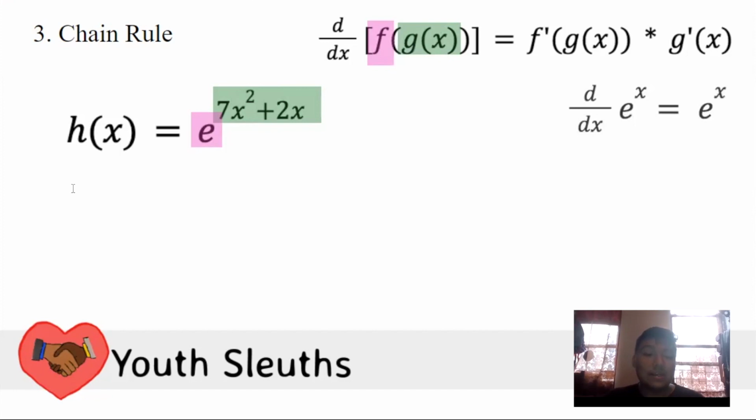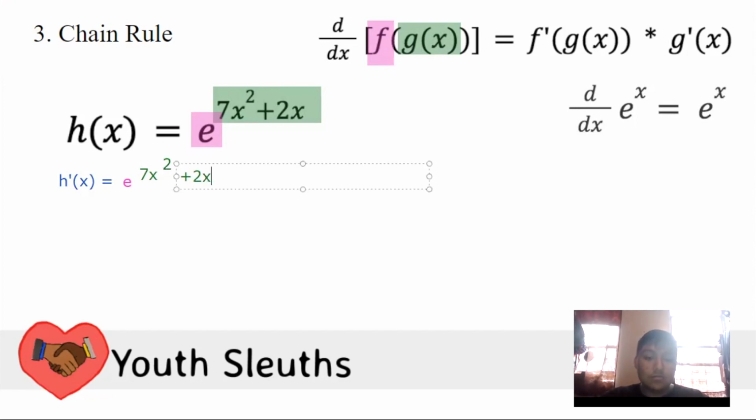So now we can begin deriving h prime of x. That's equal to, then we have our first part. We have e to the power of 7x squared plus 2x, because the derivative of e to the x remains unchanged.